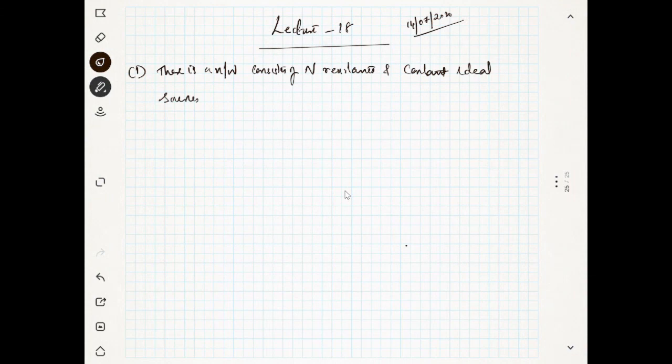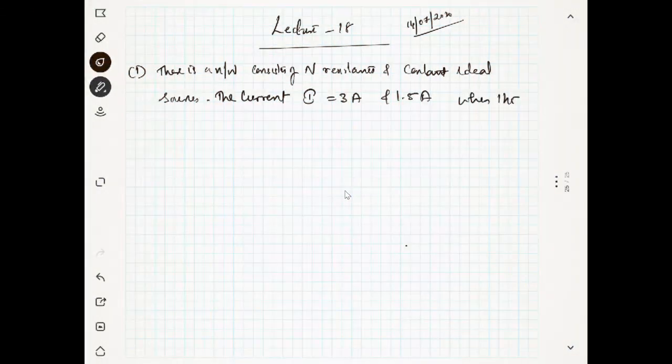We can say the current I is equal to 3 ampere and 1.5 ampere when the resistance R, there is a resistance which is named as R in the network, is equal to 0 ohm, then the current is 3 ampere, and when it is 2 ohms, the current is 1.5 ampere.